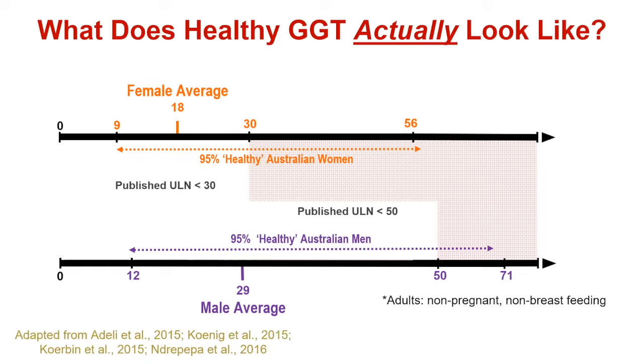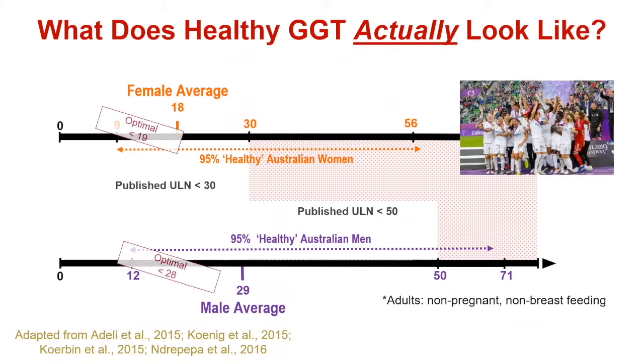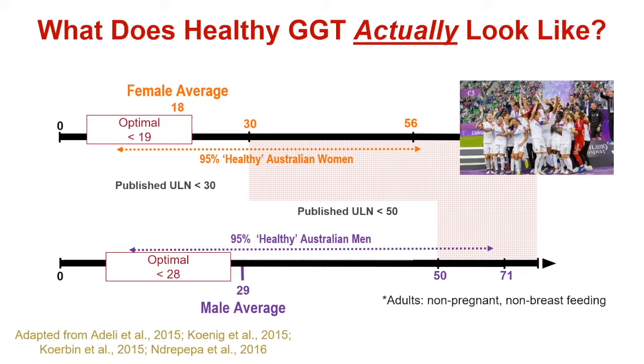Certainly not when you're talking about GGT, which is a liver enzyme that reflects the metabolic and antioxidant milieu of the whole body, right? So when we go to international research where they've gone to great lengths to actually define what healthy looks like, we can see that a GGT in adult females should be under 19.